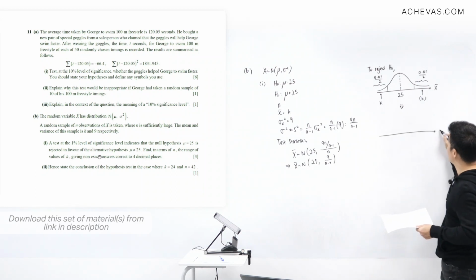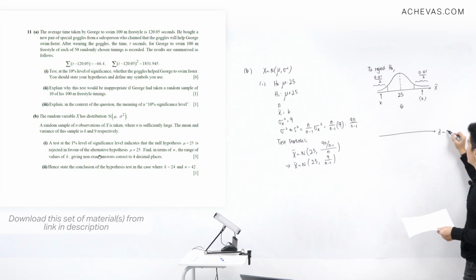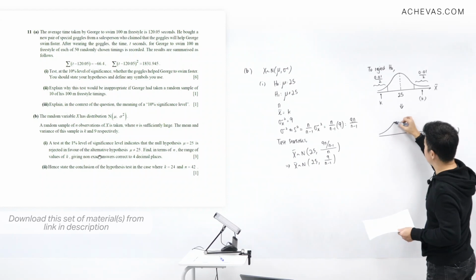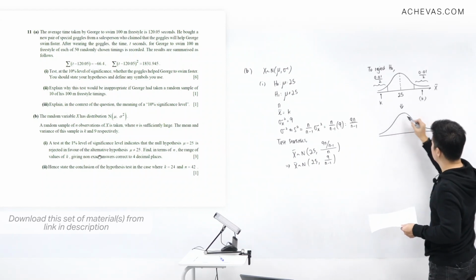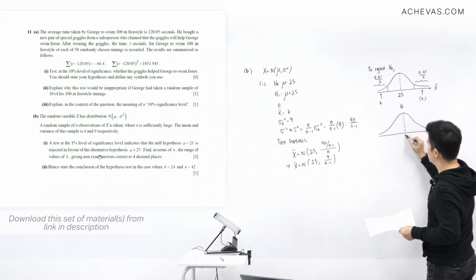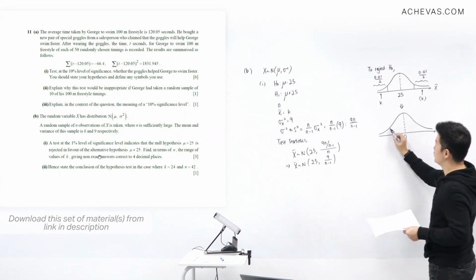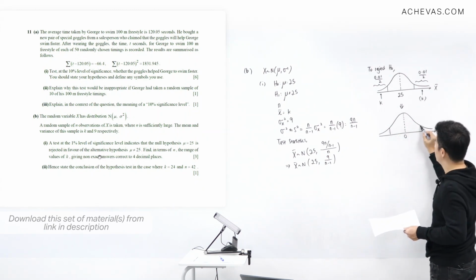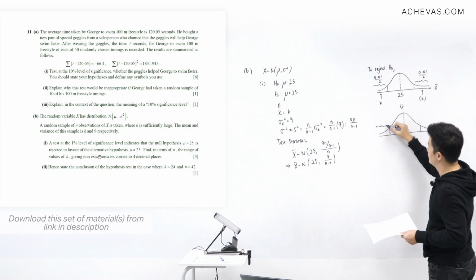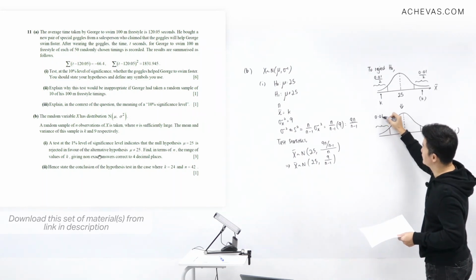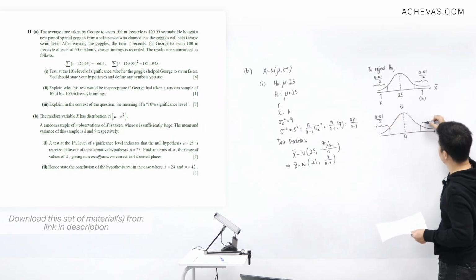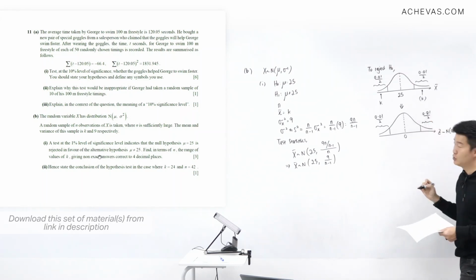So when we standardize our bell curve, X bar will become Z, and Z will follow a normal distribution of 0, 1, correct? So for Z, the mean here will become 0. We are still talking about the same level of significance, and with a two-tailed test, it is still 0.01 divided by 2 on each side.